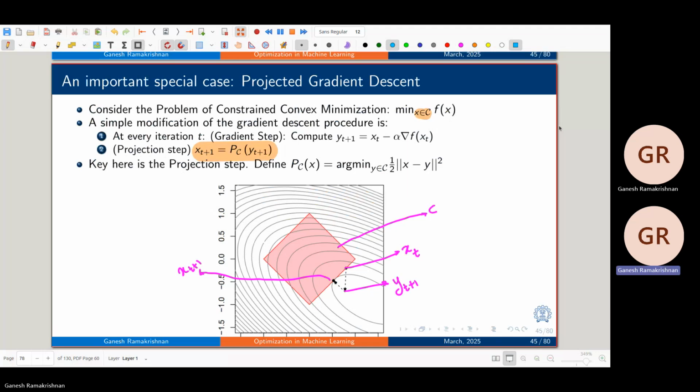So now it is not PCXT. Just call it XT plus 1 tilde. Yeah, actually, to be consistent with the slides, I'll just call it PCY.